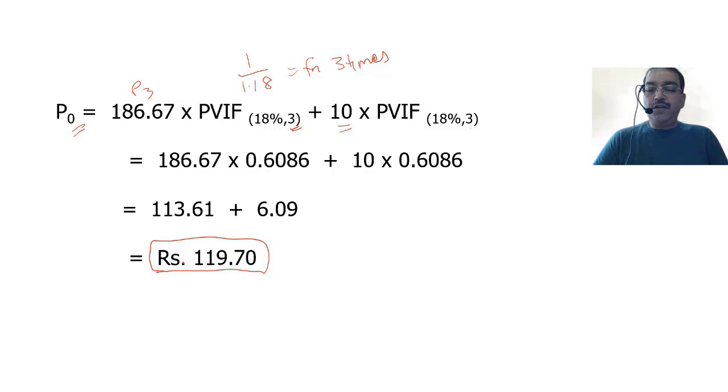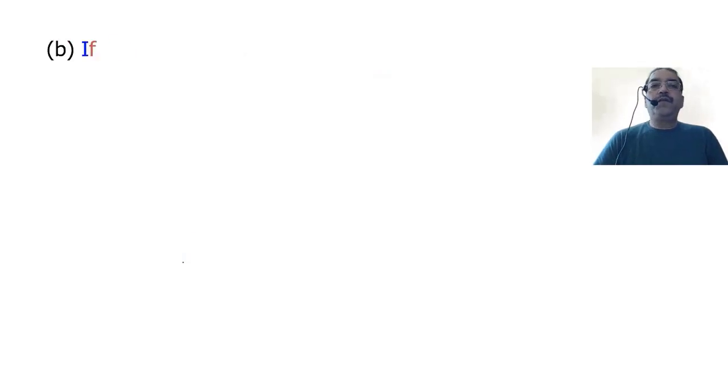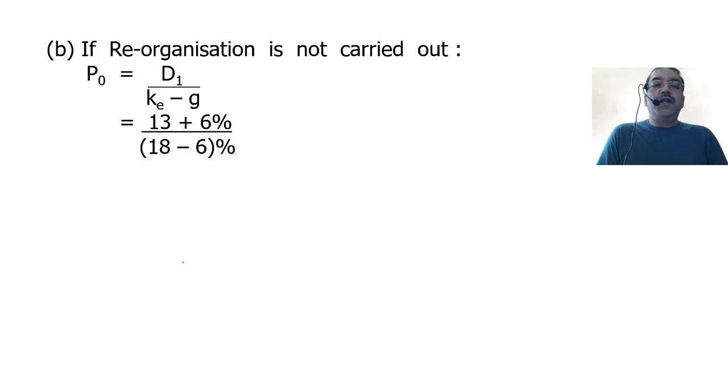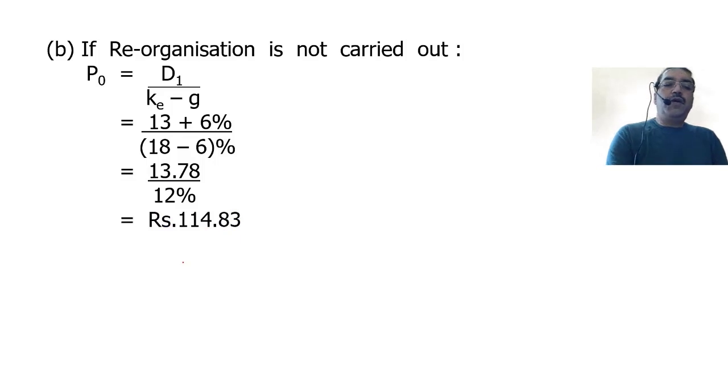So now let us see the next one. If reorganization is not carried out, P0 is equal to D1 upon K minus G. 13 plus 6%, that is growth rate, and 18 minus 6%. So 13.78 divided by 12%, that comes to 114.83. In the first case, we had 119.7.